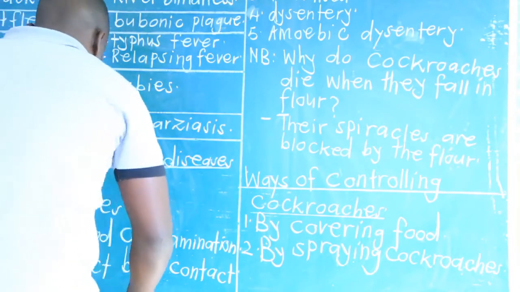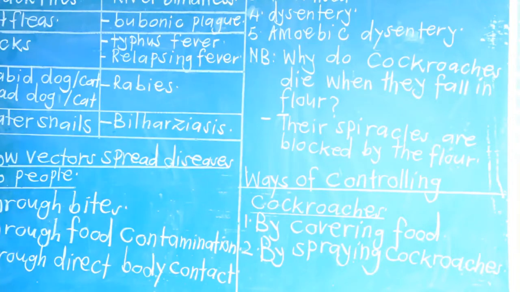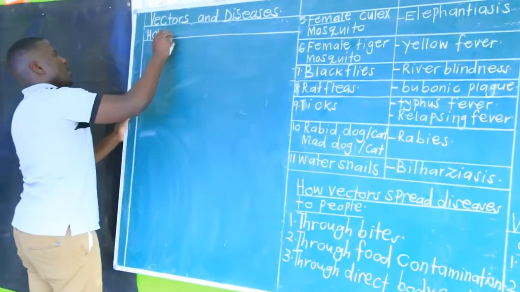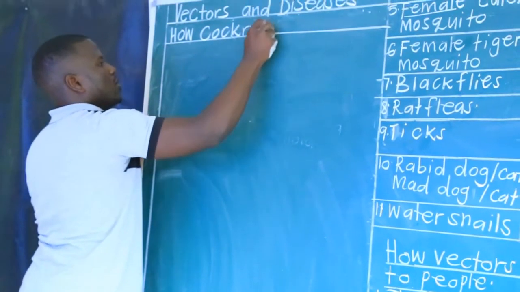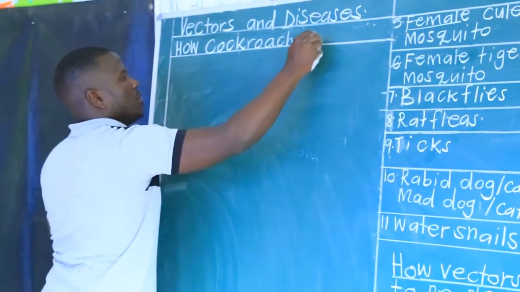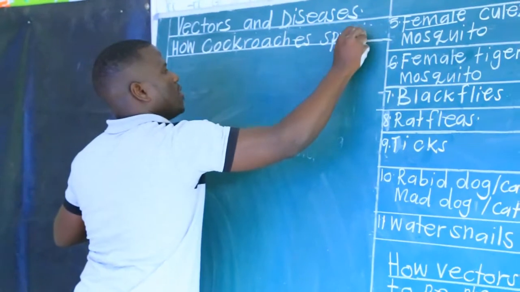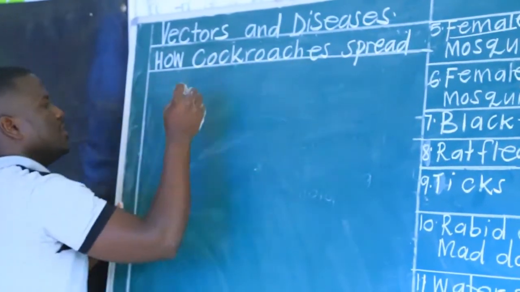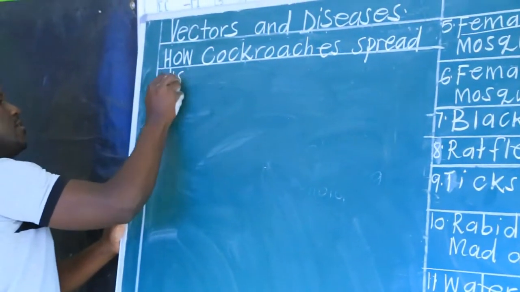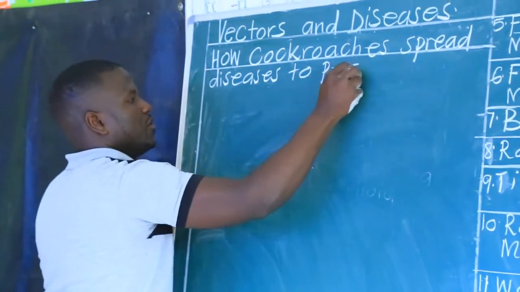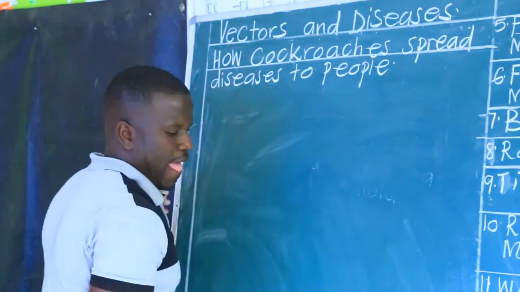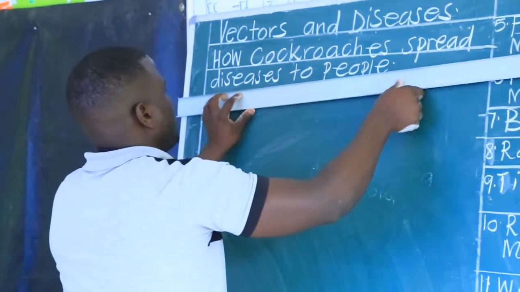How do cockroaches spread diseases to people?